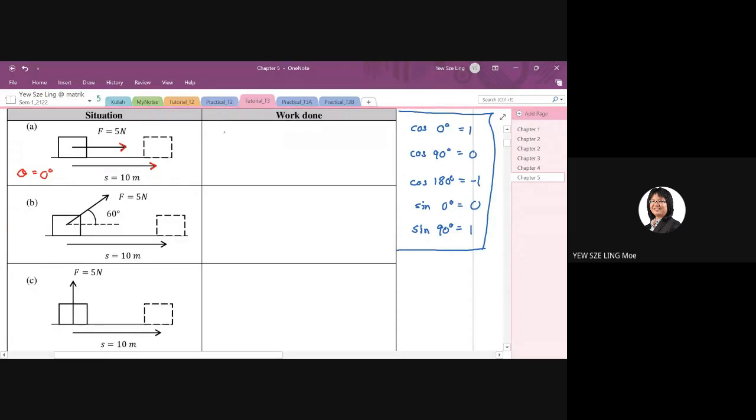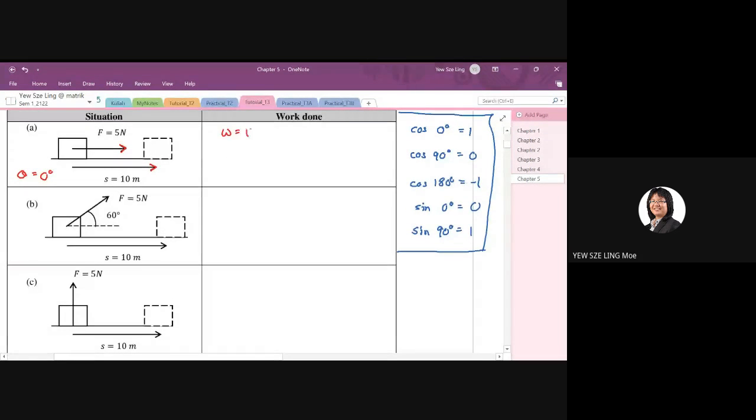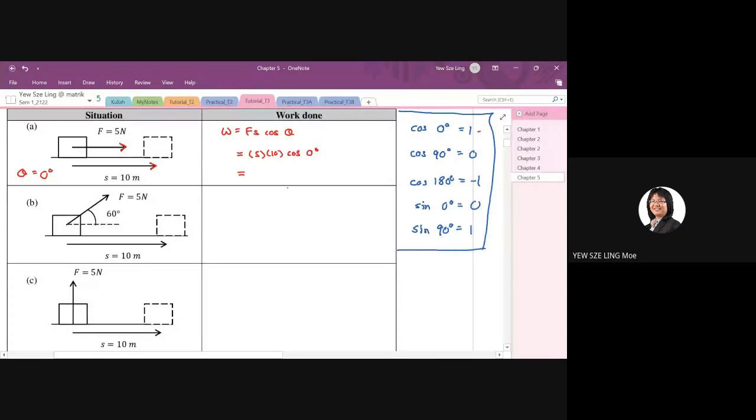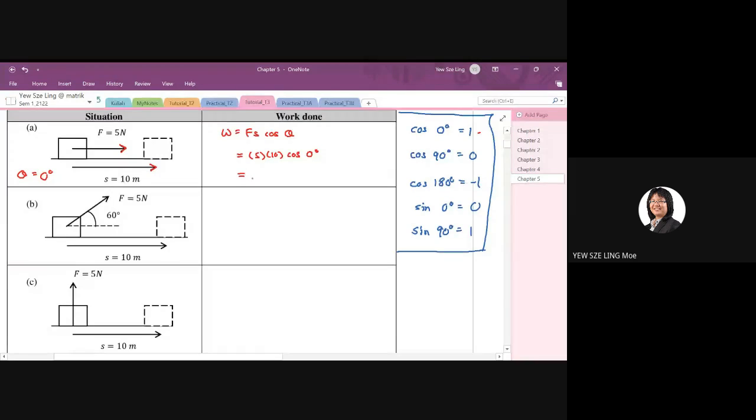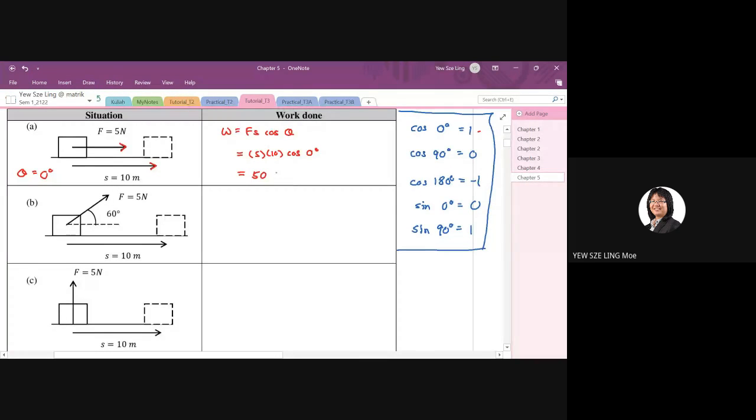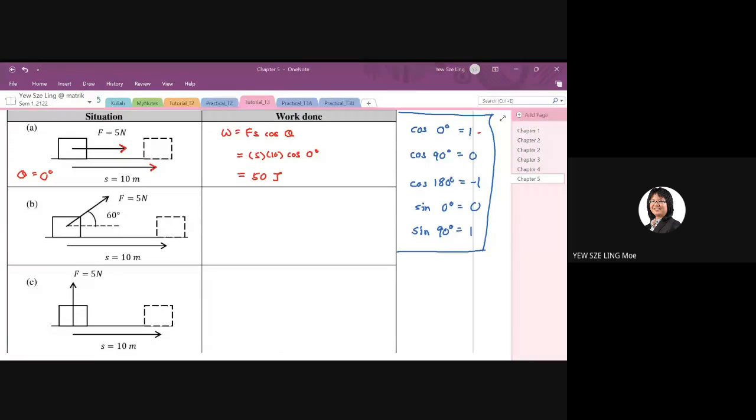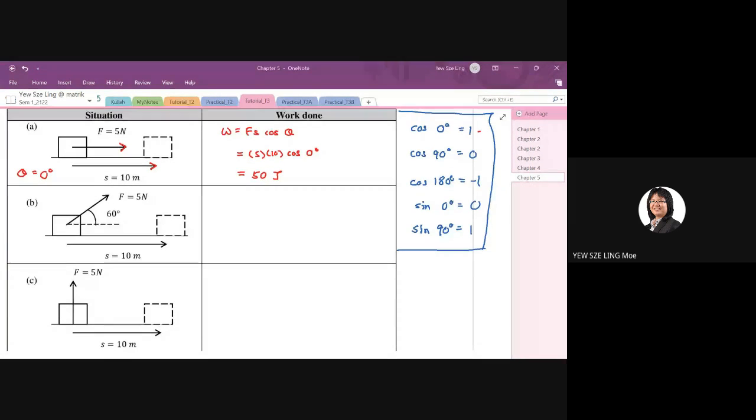By applying W equals Fs cos theta, we have 5 times 10 times cos 0 degrees. Cos 0 gives us 1, therefore it is straight away equal to 50. The unit for work done is joule, so 50 joule. So this is the first question.